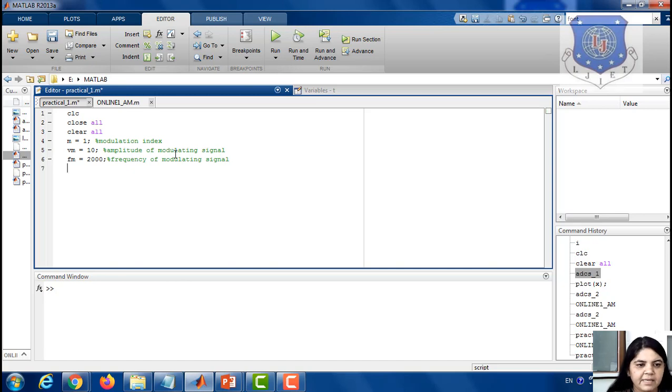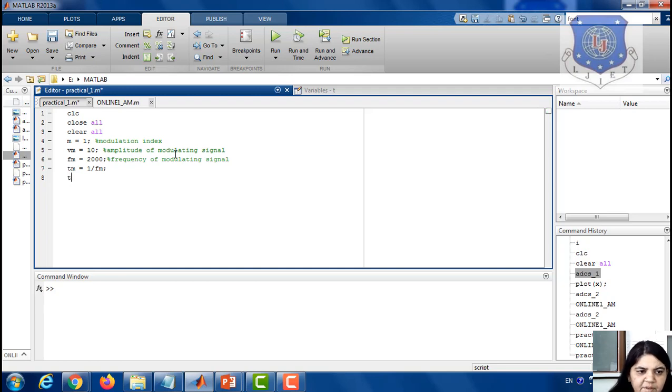Now the time period is 1 divided by the frequency. Now we want to generate the samples at a particular frequency, so from how much time the wave can be generated.